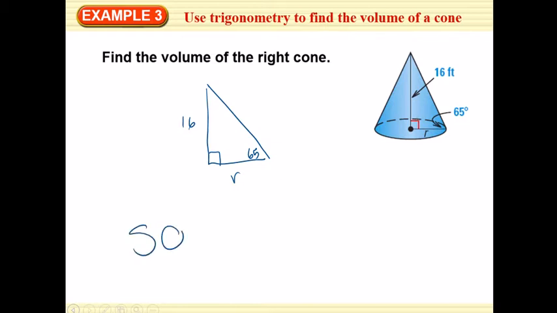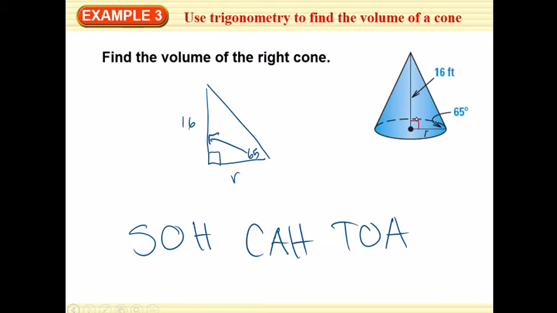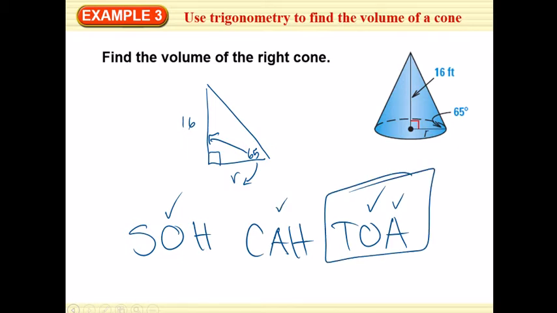I can use my trig functions, so I'm going to write out SOH CAH TOA. It only takes a couple of seconds. And I'm going to identify which sides I have labeled. According to this angle, I have the side opposite, and I have the side adjacent. I do not have the hypotenuse. So that means I'm going to be setting up the tangent function.